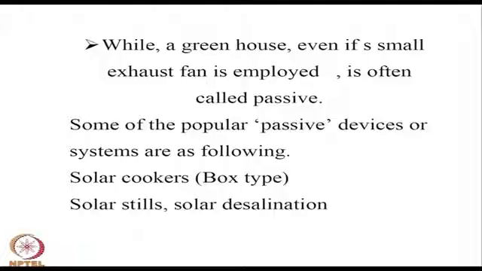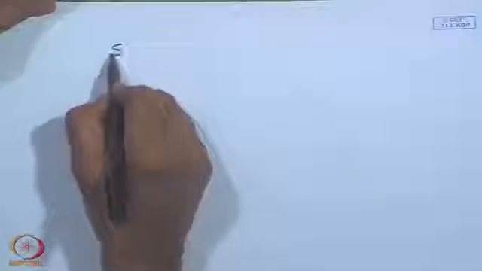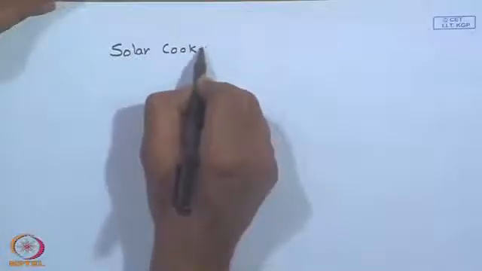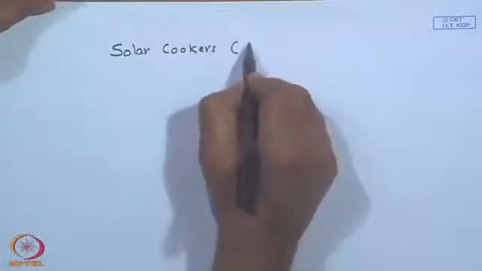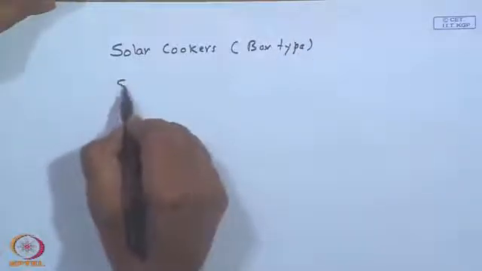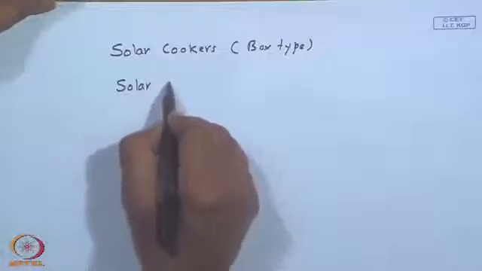And there are quite a few popular passive devices, and everybody would be interested when you face an interview for a job or whatever. For example, solar cookers, which we will say are a box type. You can have even a very active system, then solar stills.